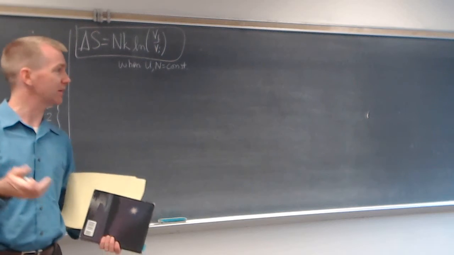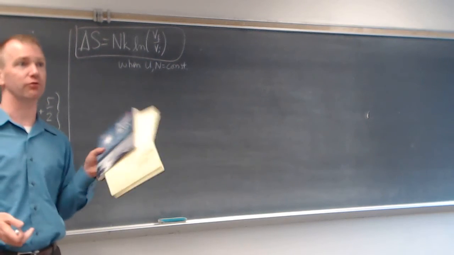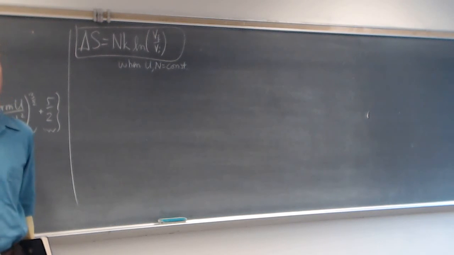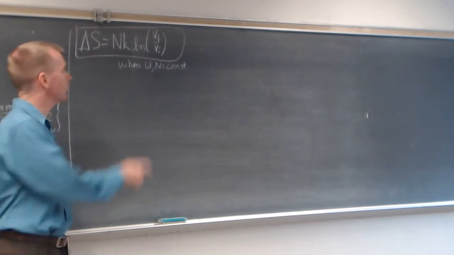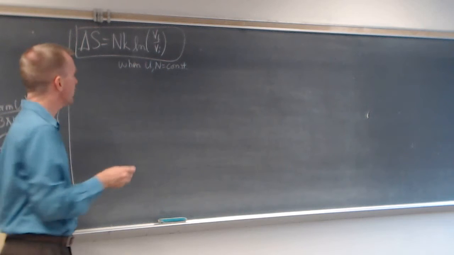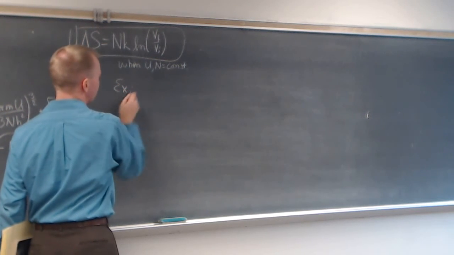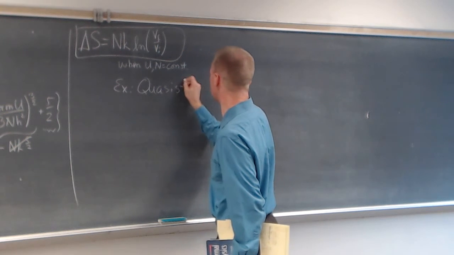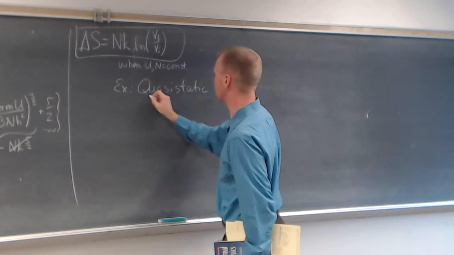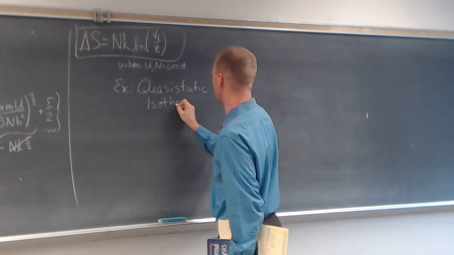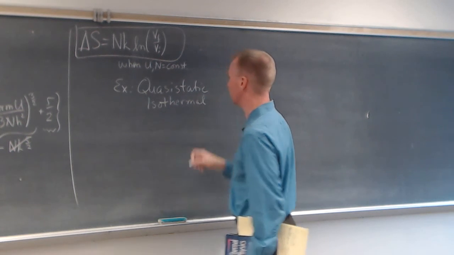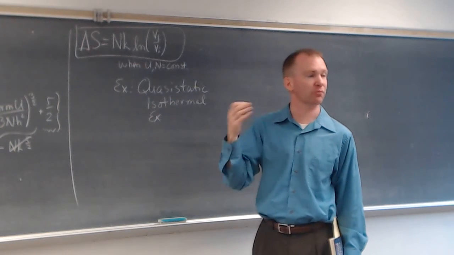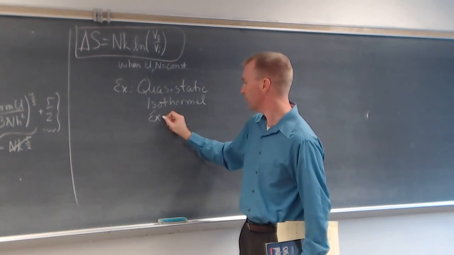Isothermal means the temperature stays the same, and we're dealing with a closed system, so we have a constant number of particles. So with that, and the temperature staying the same, the energy is constant as well. So for example, quasi-static, isothermal. The book just talks about expansion, but it applies for compression as well.